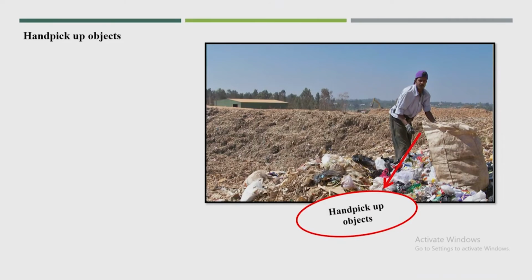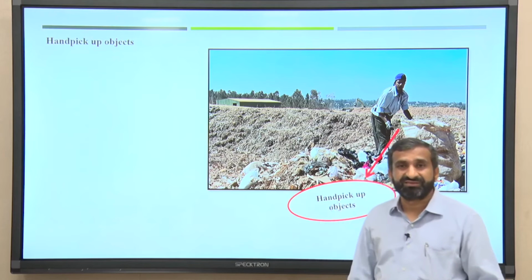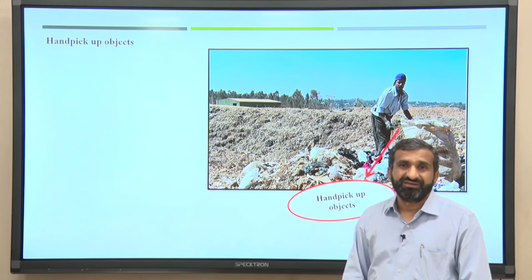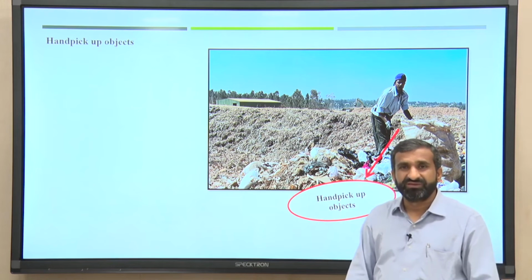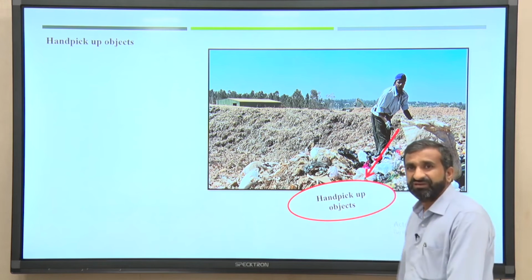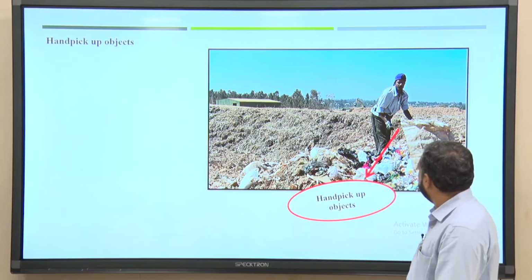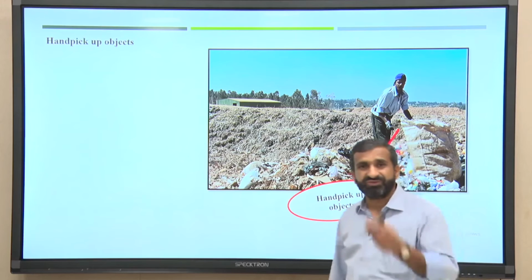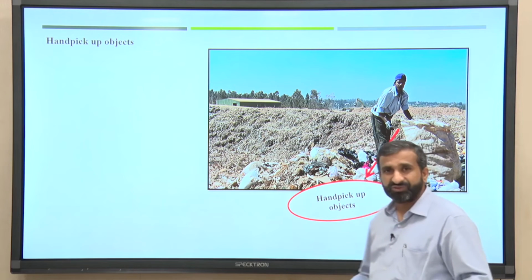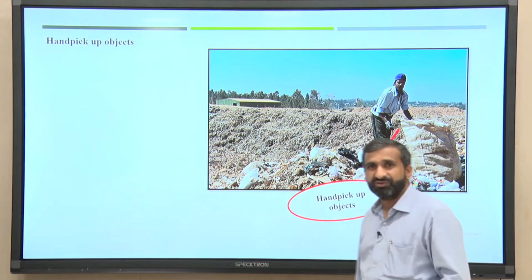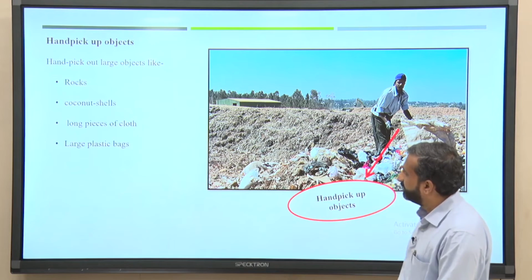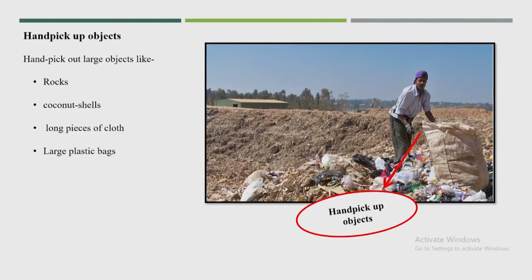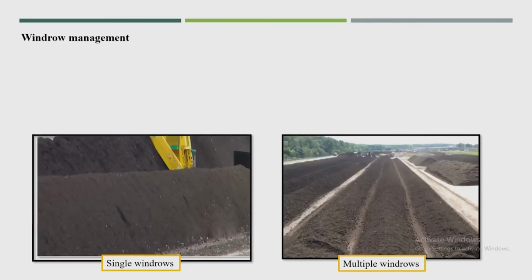In this case, a lot of rag pickers are available in most of the landfills. Ask them to hand pick the material, but use proper gloves, and even try to use a mask on the mouth. Your clothing should also be good, so that there is no problem while hand picking. Hand picking could be of rocks, coconut shells, large pieces of cloth, and large plastic bags.